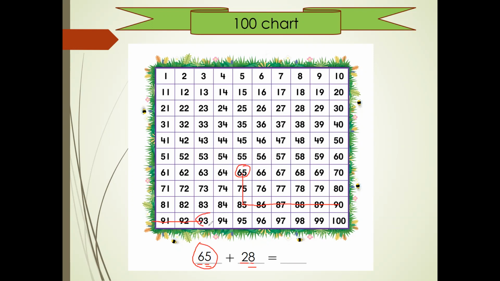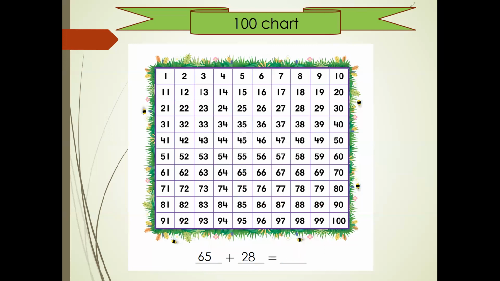I circle the answer. 93. So here, please pay attention. If you move to the right and the line with numbers finishes, you just move to the next line and continue. After 90, you go to 91 and continue. So this was the 100 chart.